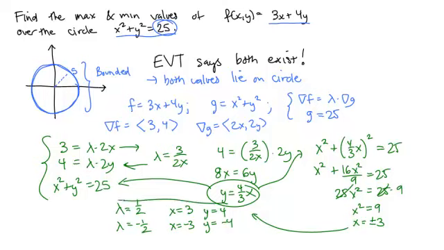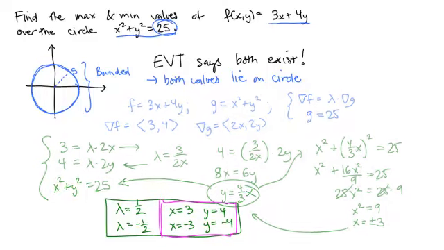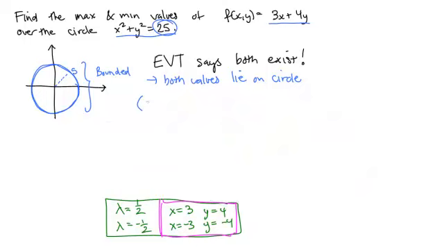And so we found two solutions to the system of equations. Since we've got complete solutions, these will be our corresponding points. And so the only 2 points on the constraint circle are (3, 4) and (-3, -4). These are the only candidates that we could have for maxes and mins.